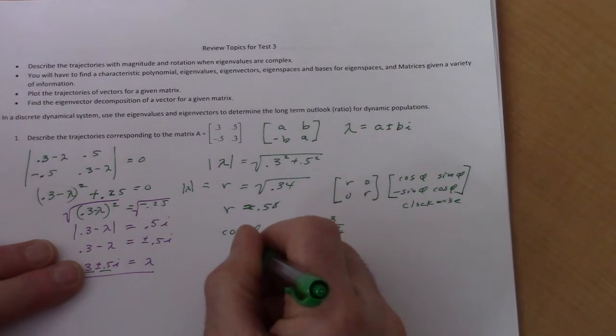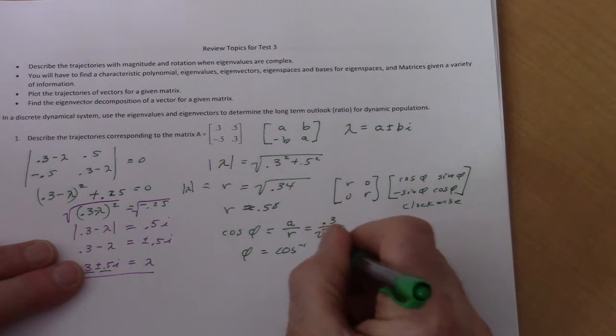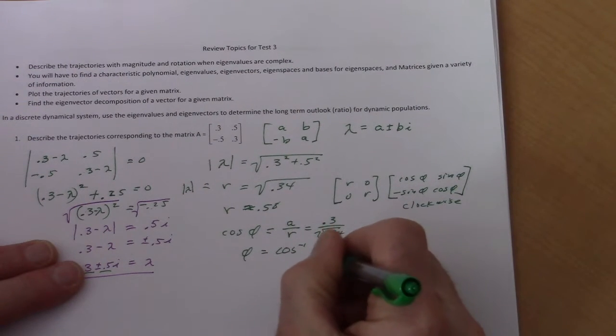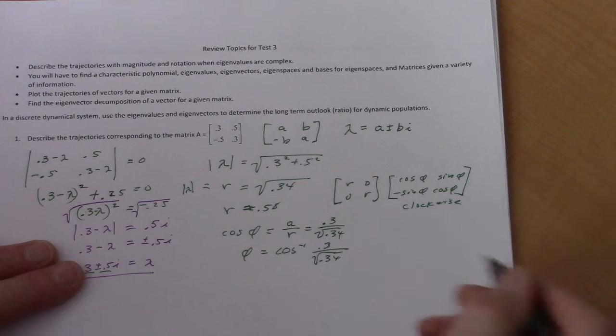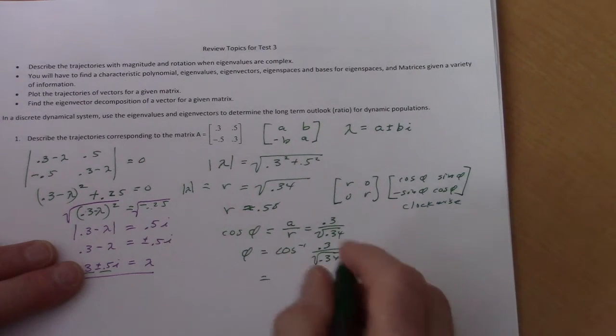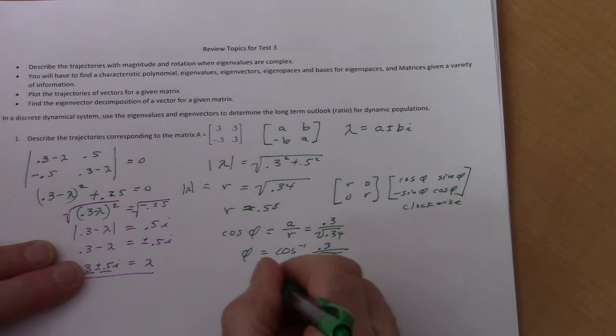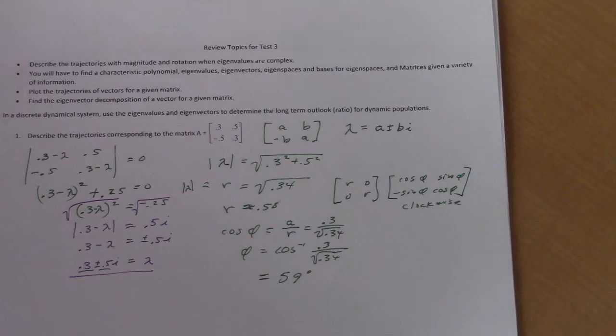So that means phi is going to equal the inverse cosine of 0.3 over the square root of 0.34. Put that in your calculator in degree mode. That turns out to be about 59 degrees. So that gives us a pretty simple way of describing that rotation then.